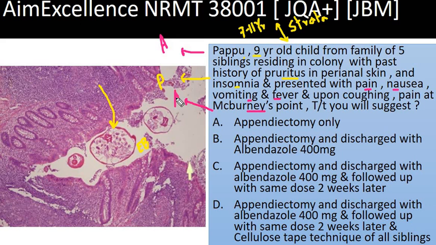So we understood by now from the case, the trunk of the question, and also the finding in this histopathology picture, this is a case of appendicitis due to the infestation of a parasite. We all know appendicitis is the most common surgical emergency worldwide.